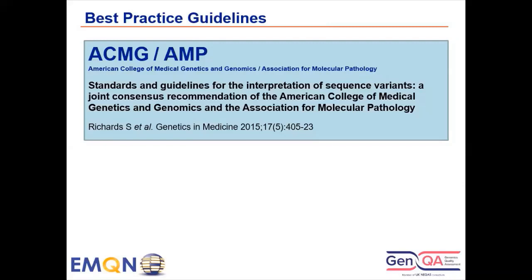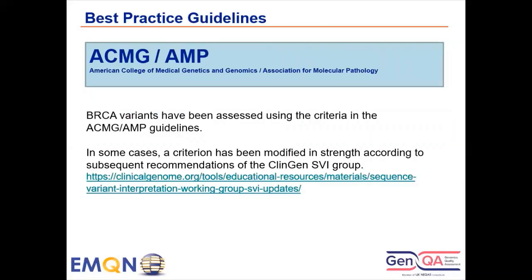To help you with the classification of the variants, guidelines have been published. Very good literature can be found in this publication from 2015 in Genetics in Medicine. This is the gold standard that we are now using for interpretation of genetic variants.